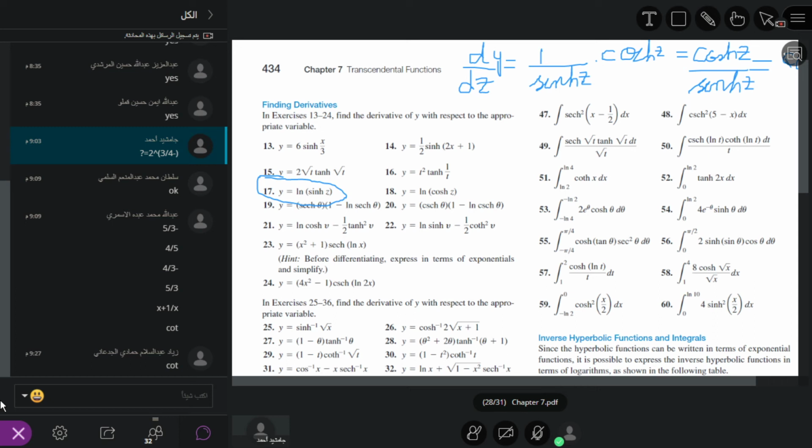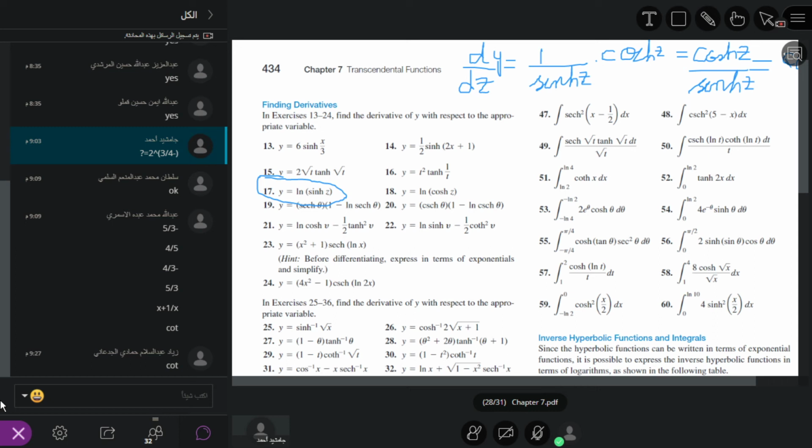I again repeat, what is the question? Y is equal to Ln sine hyperbolic z. Here we use the derivative of ln x, which is equal to 1 over x dot derivative of x with respect to x, which is 1.